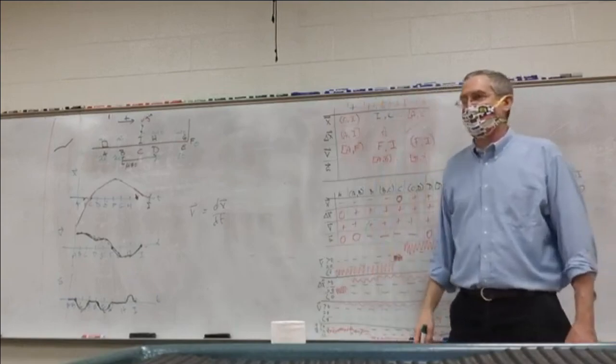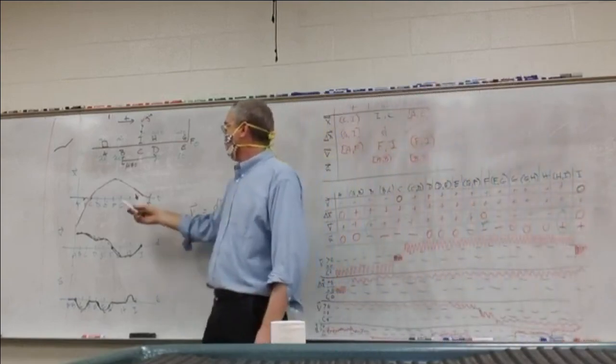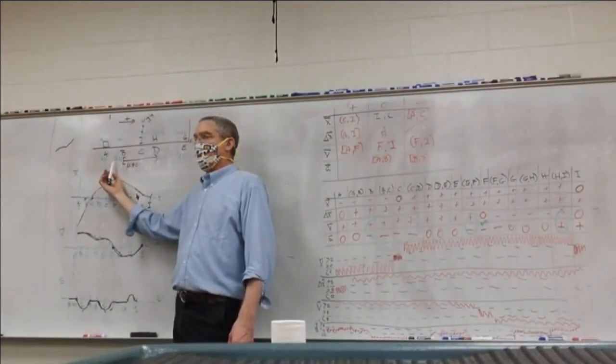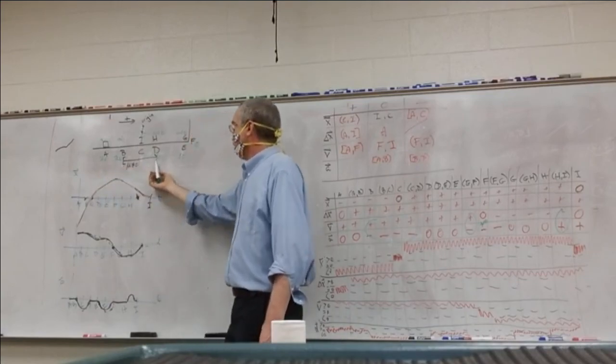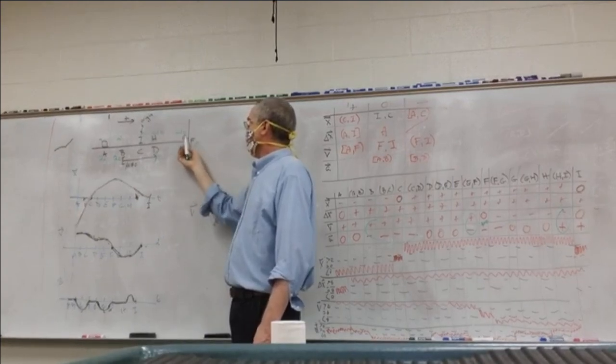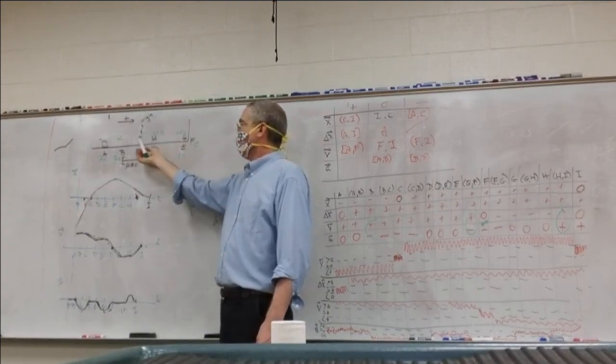It's not perfect, but it gives some idea, at least for acceleration. My change in velocity is 0, acceleration is 0. Change in velocity is negative, acceleration is negative. Acceleration 0, negative, negative, 0, positive.